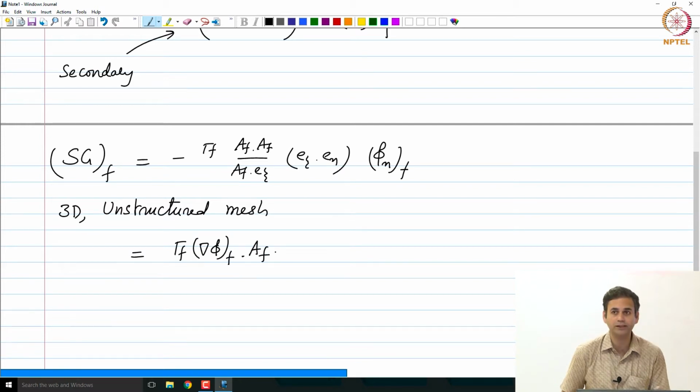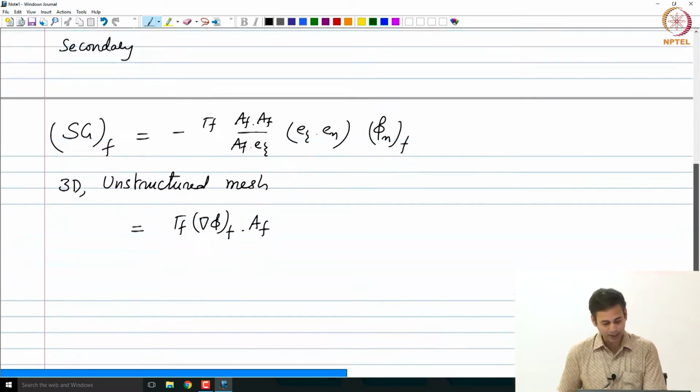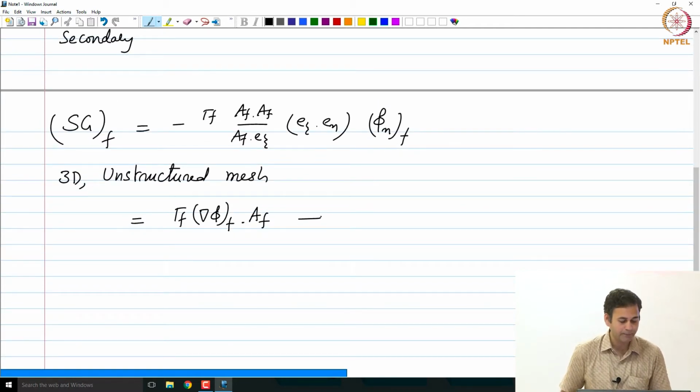This is the total transport of phi through the face f, and we subtract the gradient in the primary direction. That would give you the transport in the secondary direction.